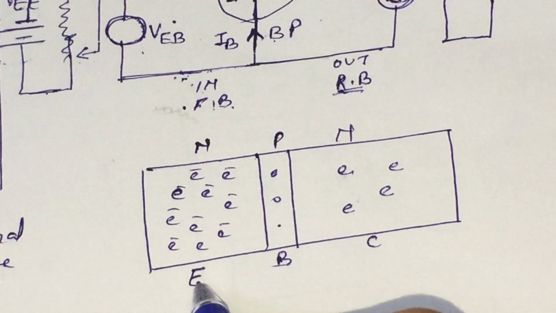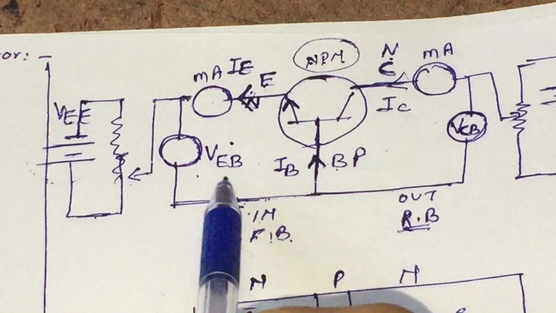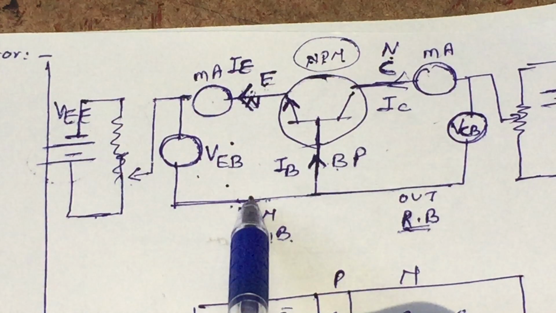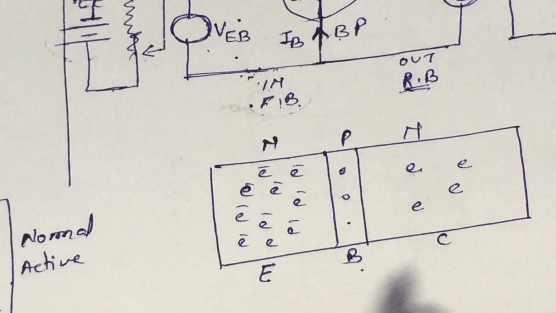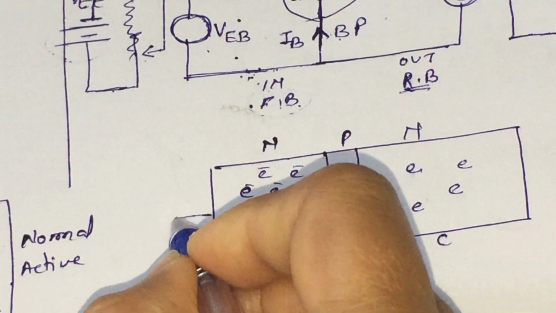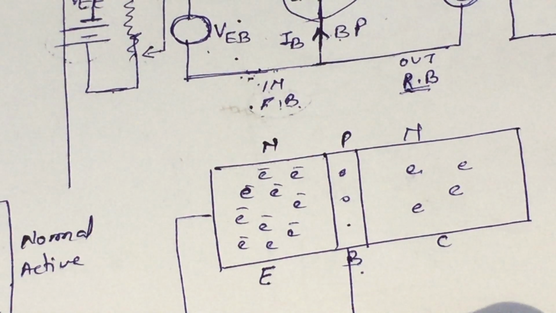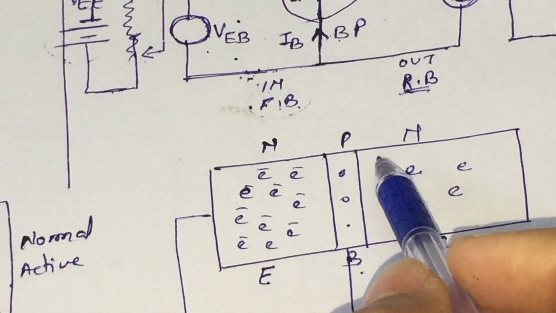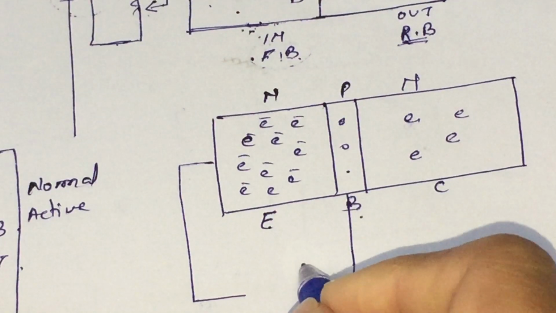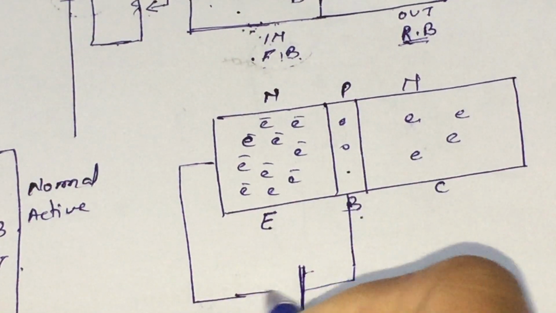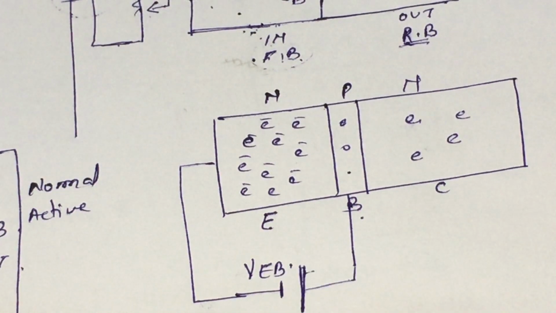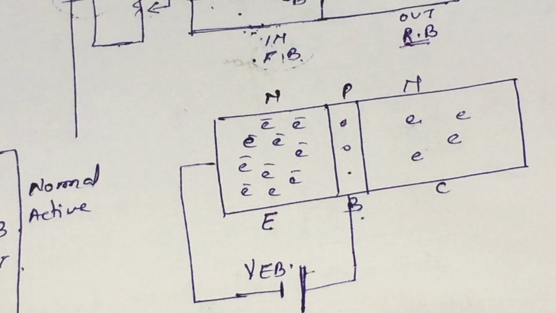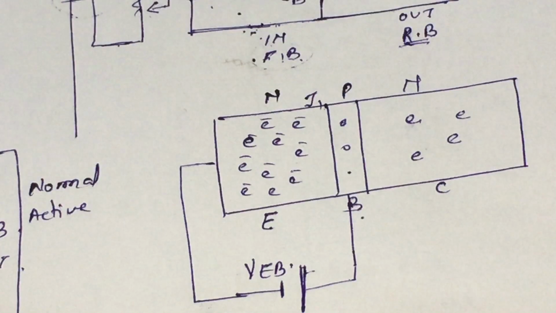As this emitter base terminal is the input terminal of our common base configuration, and we have to give it forward biasing, now we will put the battery. To make it forward biased, the p type is connected with the positive and the n type is connected with the negative, and this is our VEB, that is the battery or the potential source across the junction emitter and base, that is our first junction.